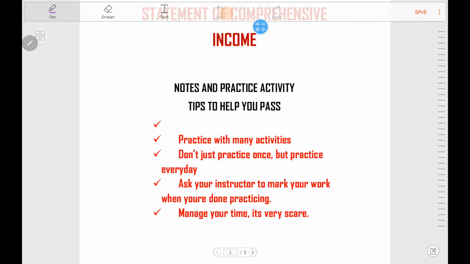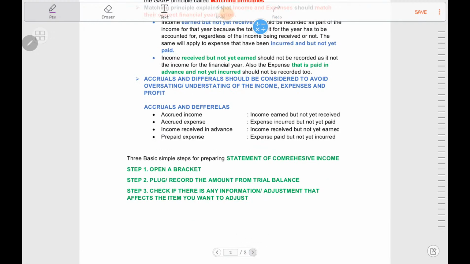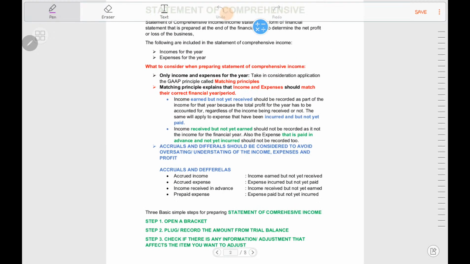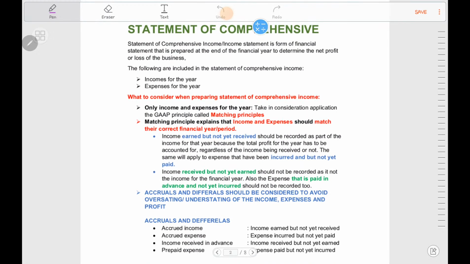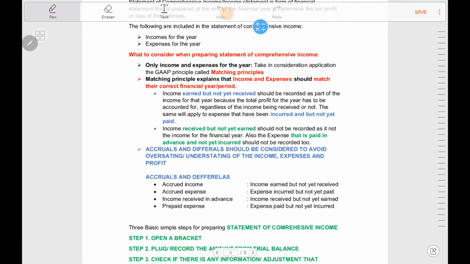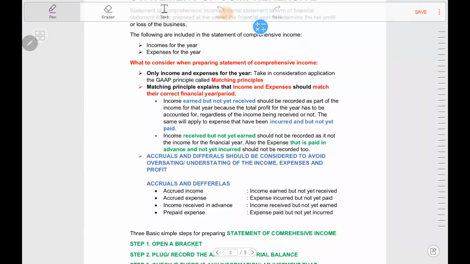It's just a simple topic. It's not that troublesome. Okay, let us begin. So I believe some of you got access to the notes. Okay, so let's start by going through the theories. Thereafter we'll do the practical side.